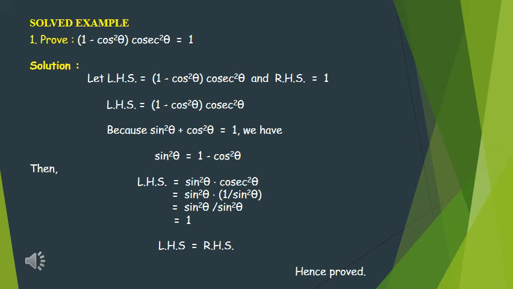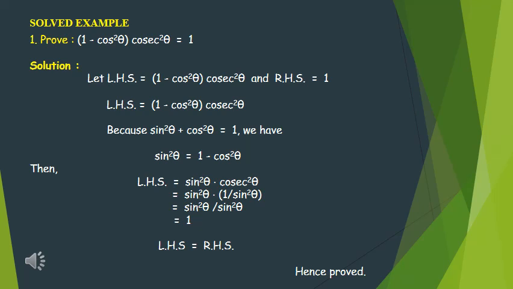Left hand side is (1 minus cos square theta) into cosec square theta. As we know the identity sin square theta plus cos square theta is equal to 1, using this identity we can write sin square theta equal to 1 minus cos square theta. So we put this in the left hand side in place of 1 minus cos square theta.